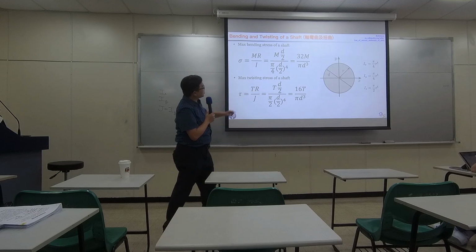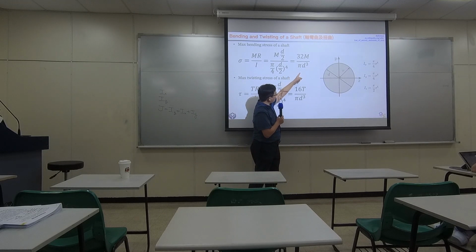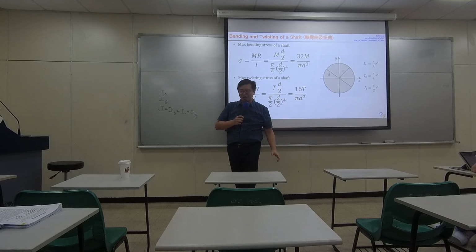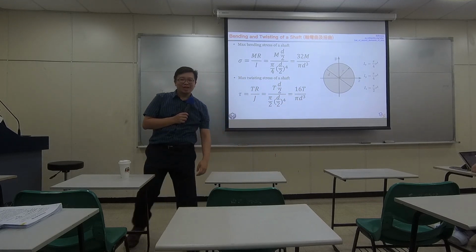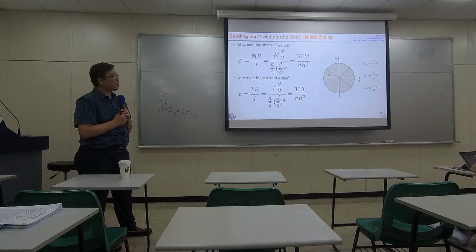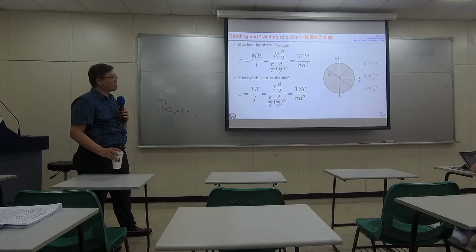Now we put them into our equation. At the end, we have these two guys, so commonly used in this course that you can almost deeply memorize them in your mind. Okay? 32M over pi d cubed and 16T over pi d cubed.